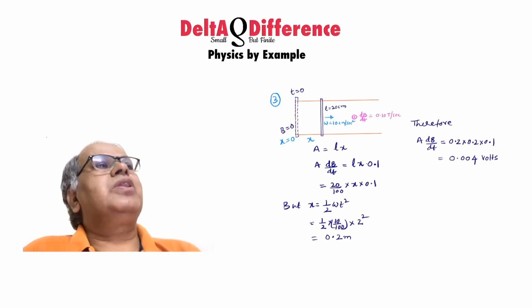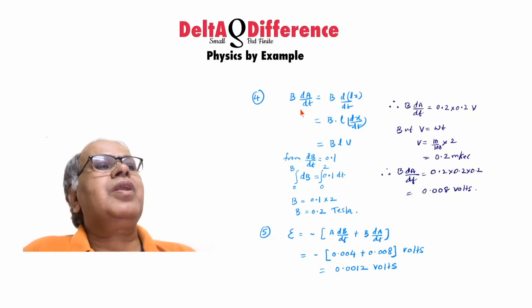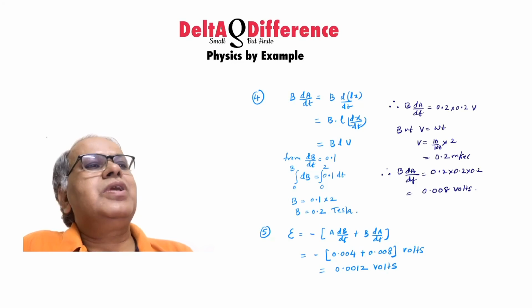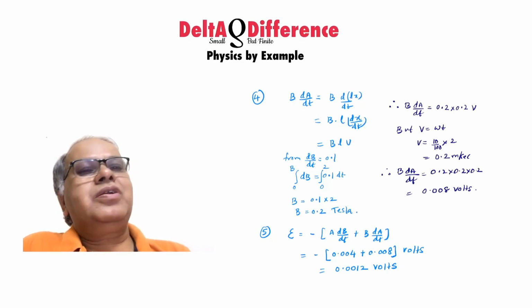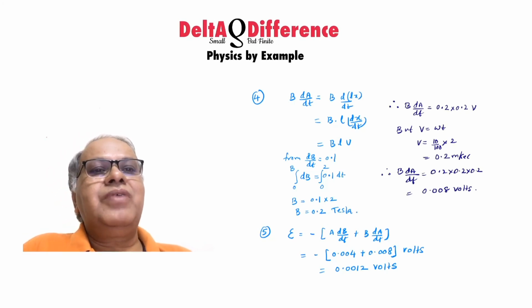Now let us look for the second part, B dA by dt. B into dA by dt. A is Lx. But L is a constant. Length of the rod is a constant, so L is taken out. Dx by dt, so BLV we got. You must have noticed that this is the formula for the motional EMF.